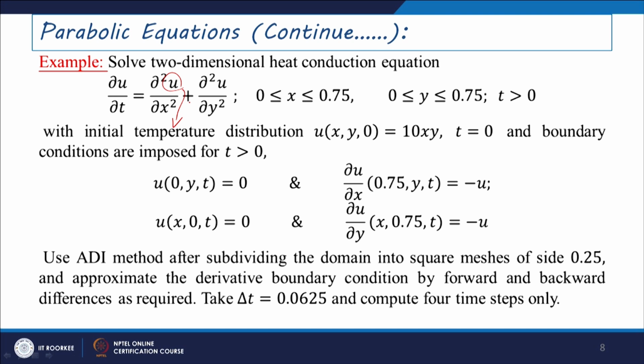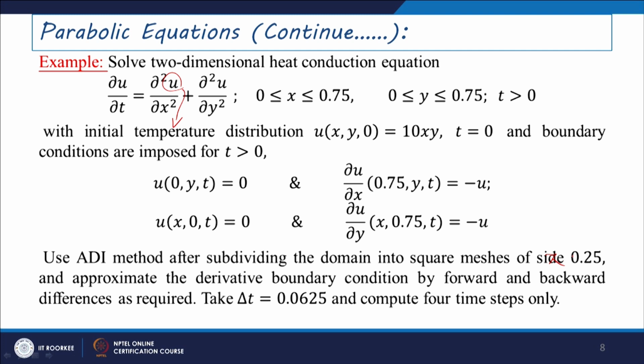This is given to us, and the question asks to use the alternating direction implicit method after subdividing the domain into square meshes of size 0.25, and to approximate the derivative boundary condition by forward and backward differences as required. Consider the time step del t equals 0.0625 and make the computation up to 4 time steps.